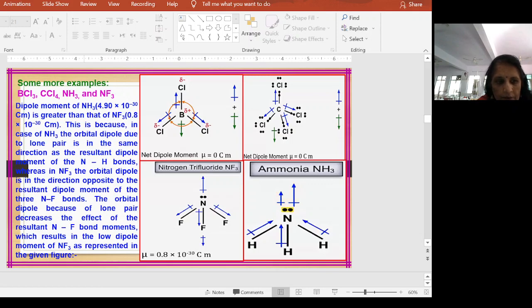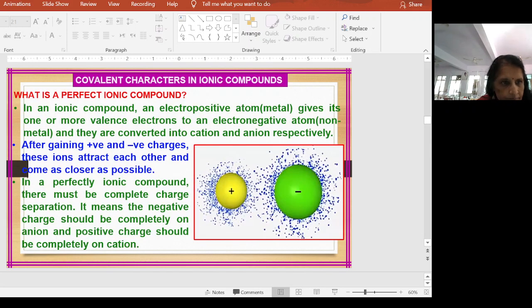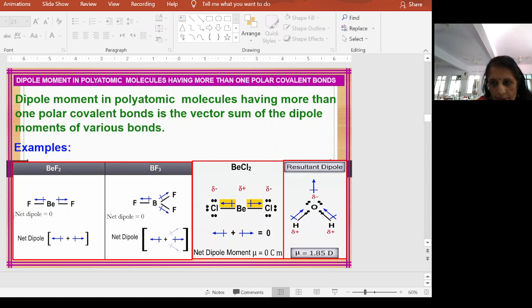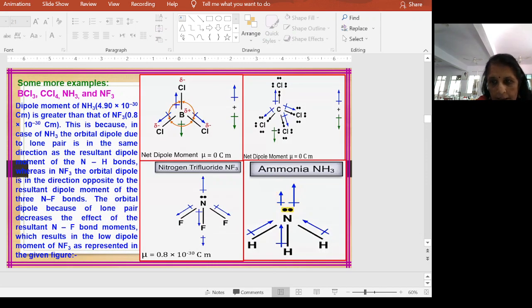The overall magnitude will be greater, and if it is greater, then the net value of the dipole will be more. So in case of the ammonia molecule, the dipole moment will be greater than NF3. So dipole helps us to understand the polarity in the molecule.